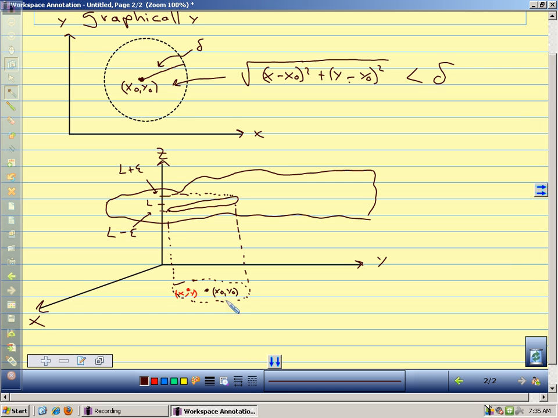There could be one single path where our limit doesn't exist. That would mean we have a problem. So that's an important distinction to remember about limits for multivariable functions. We can approach on any path.